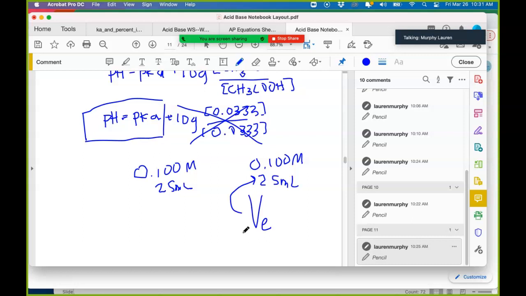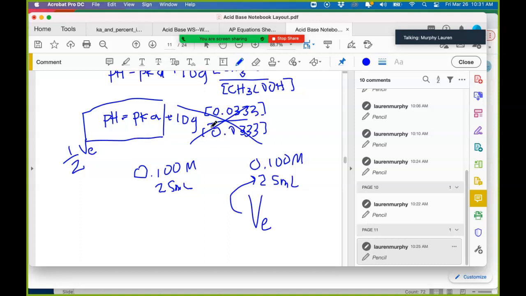We're not doing 25 milliliters in this one, though. What volume of base are we doing in this one? 12.5, right? How is 12.5 related to 25? It's exactly half. This is the half equivalence volume, or half equivalence point.